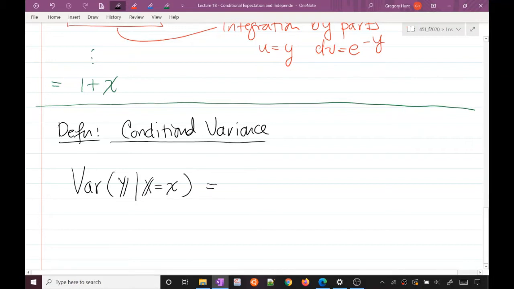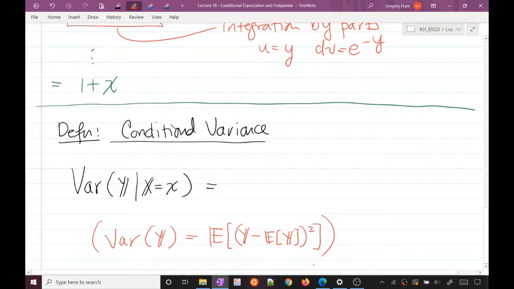Basically, let's just remind ourselves that the variance of y, if it were just a simple univariate random variable, would be the expected value of y minus its expectation, quantity squared, right? That would be the simple one.